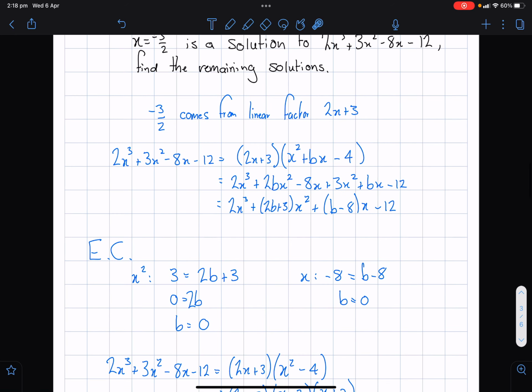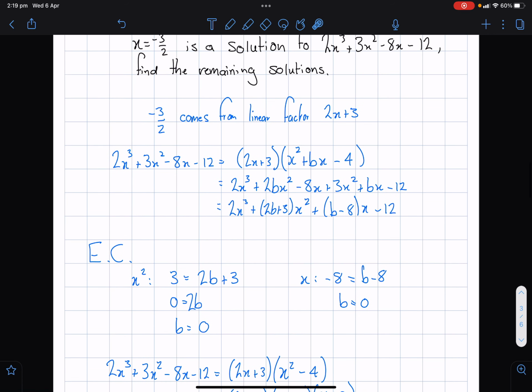We can then substitute that value into our quadratic up here, and we'll find that our polynomial 2x cubed, plus 3x squared, take 8x, take 12, is equal to 2x plus 3, the linear factor we were given, multiplied by our quadratic x squared, take 4. Now, you might recognize this little pattern here: we've actually got the difference of perfect squares.